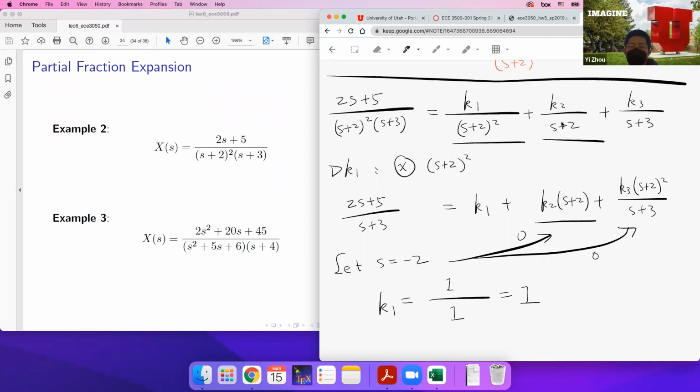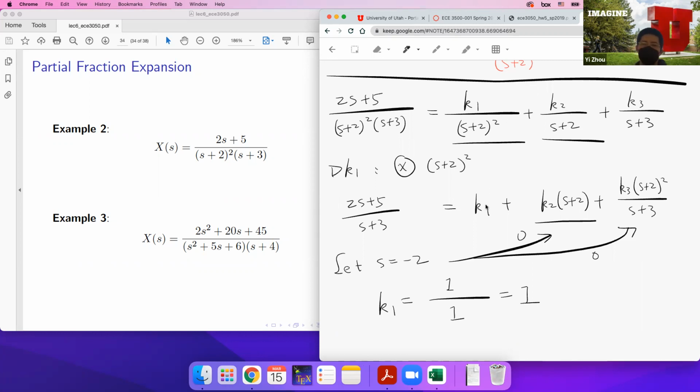If we multiply by s+2, then we still have k1 over s+2 here, and you cannot evaluate at the root because then this will become infinity, and this will also become infinity. So I guess k2 may be equal to 0. Yeah, in this case, k2 should be equal to 0.